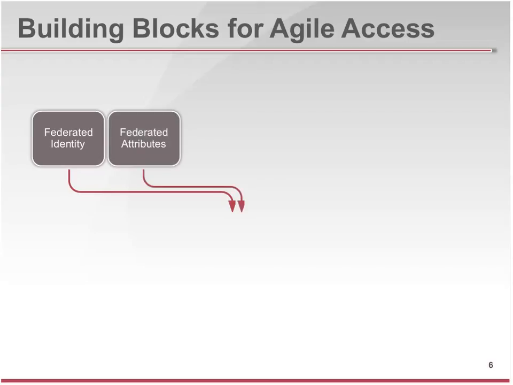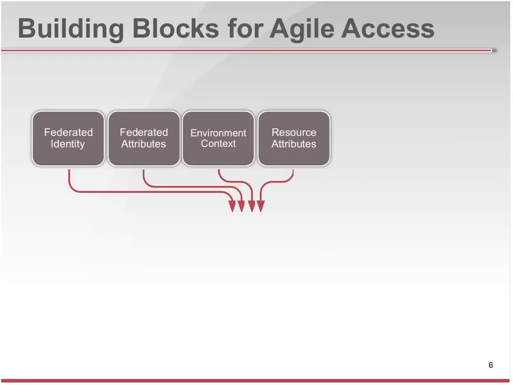Next element is federated attributes. We'll spend some time talking about what we mean by that. Environmental context, we need to have an ability to examine and analyze environmental attributes to apply policy. The resource attributes, what are the objects we are trying to access and what are their attributes? We've seen a lot in the big data world. We're talking about tagging data. Well, those tags would be considered resource attributes.